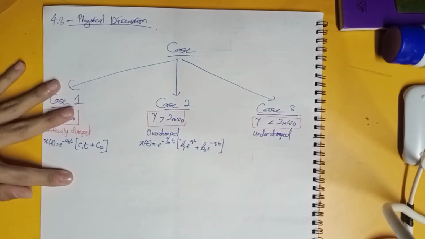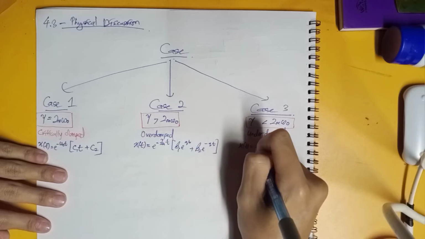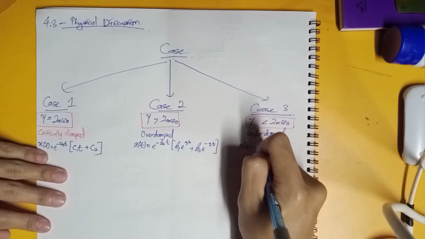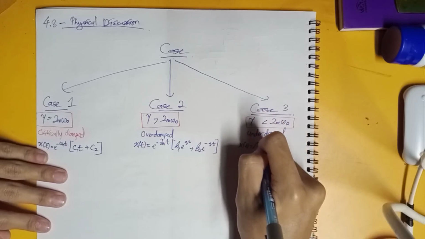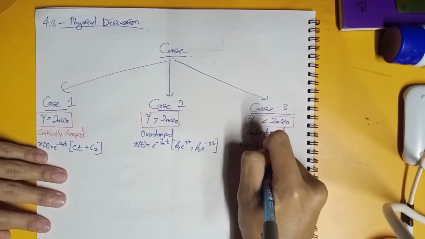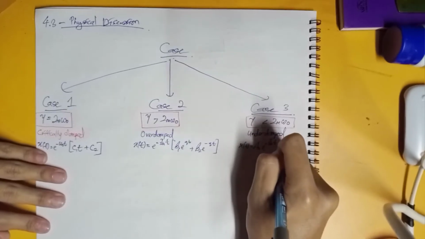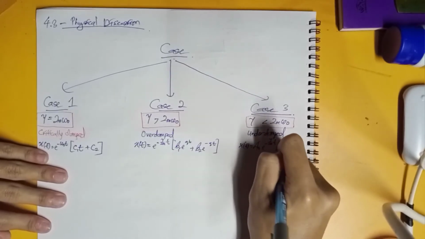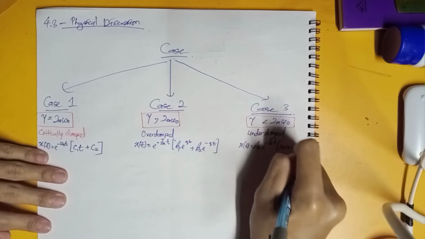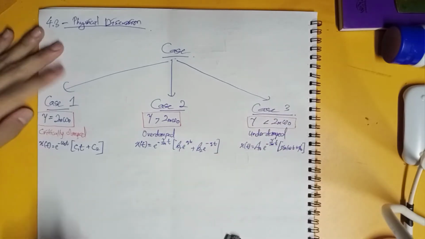And the last one is x(t) equals a₀ exponential of negative γ over 2m times t, times sine(ωt plus φ). Each one of them is really important.